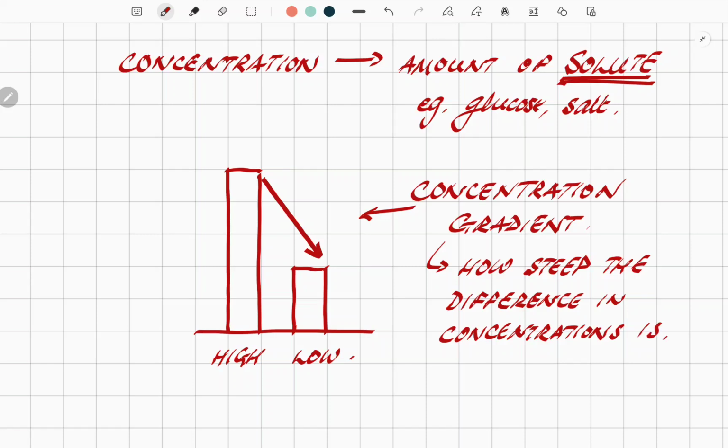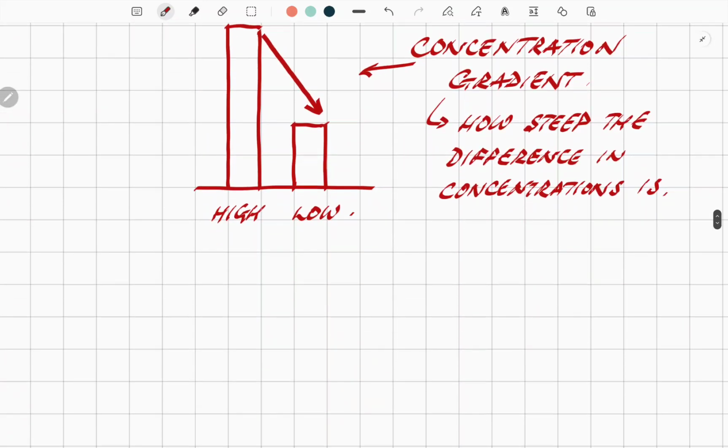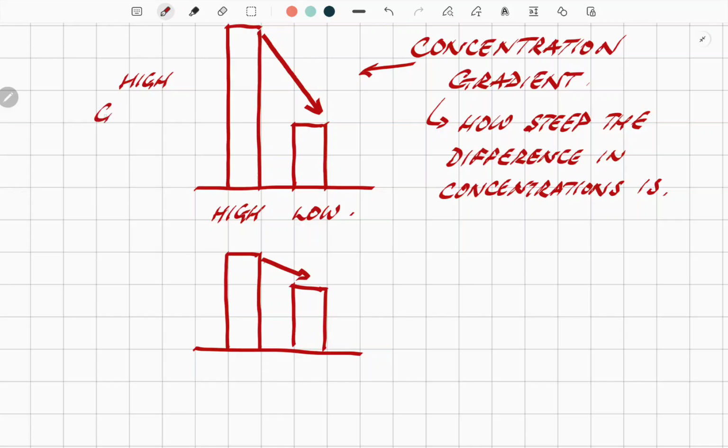If I do another example, if you had something like that versus that, then that's not such a steep gradient. You can see the difference. So this is a high concentration gradient, high gradient and low gradient.